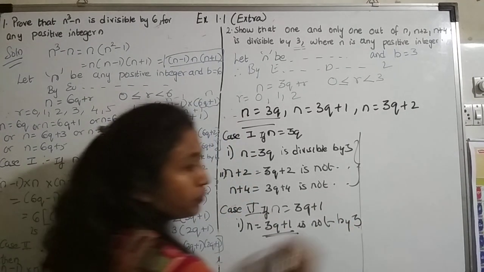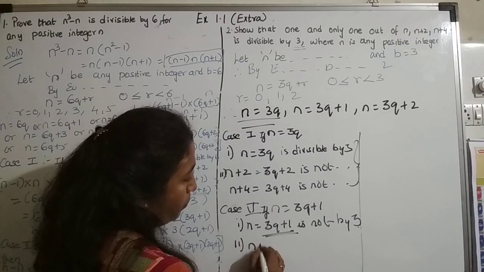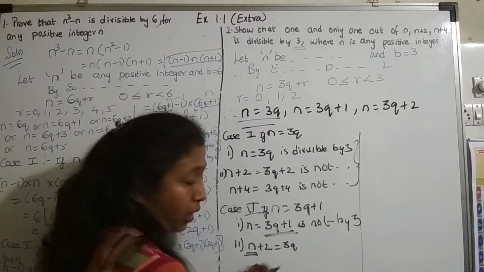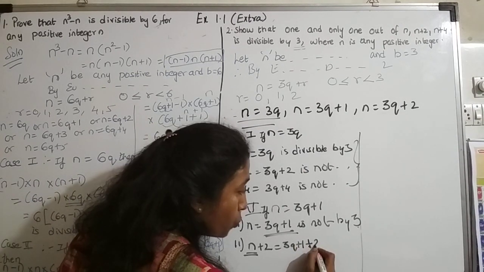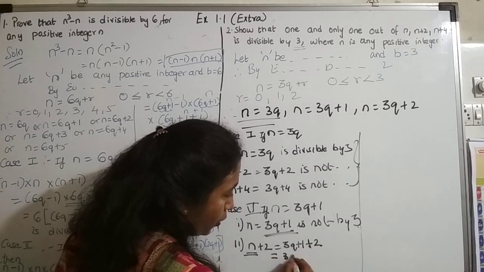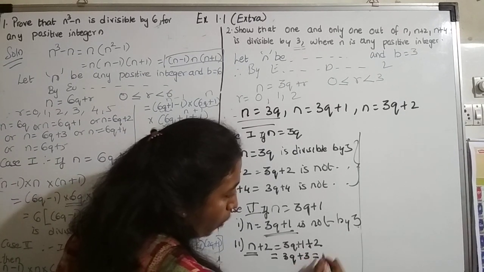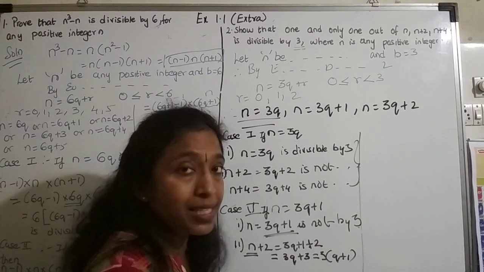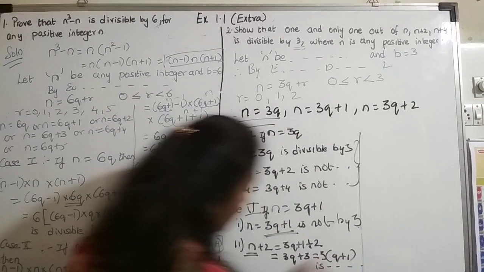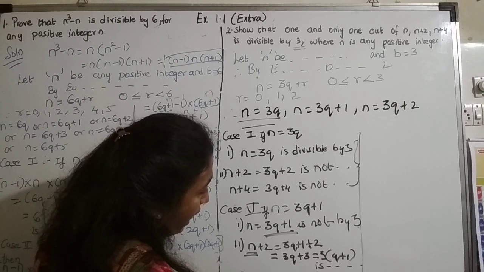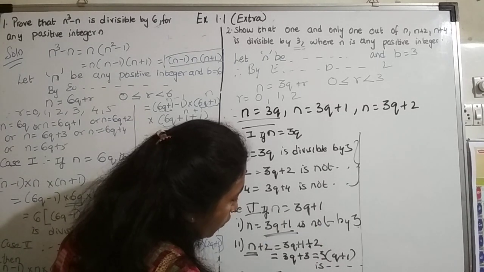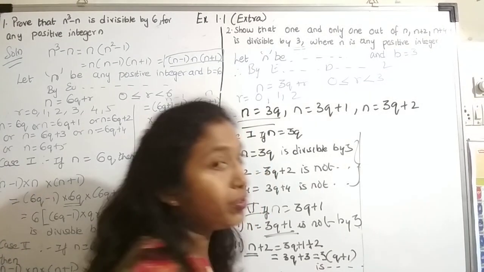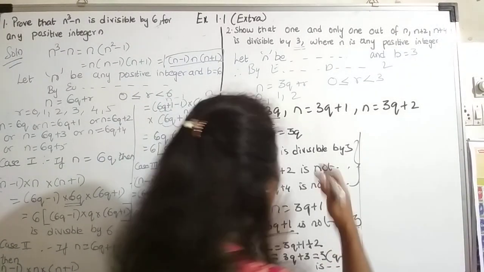For n plus 2, we write 3q plus 1 plus 2, which is 3q plus 3. Can I take 3 common, students? Yes, so 3 into something, and n plus 2 is divisible. Now n plus 4: 3q plus 1 plus 4 gives 3q plus 5, which cannot be written as 3 into something, so it is not divisible. I hope you have understood.